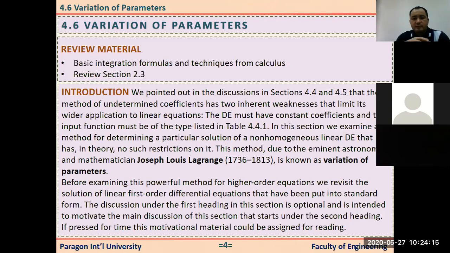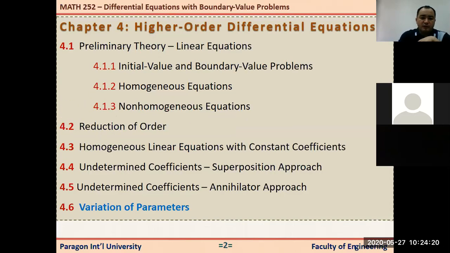As an introduction, in the previous classes, 4.5 and 4.6 were about undetermined coefficients, right? The superposition approach, and the second one is the annihilator approach. In chapter 4.4, undetermined coefficients, we just solved linear differential equations with constant coefficients, and our g of x was of certain type.